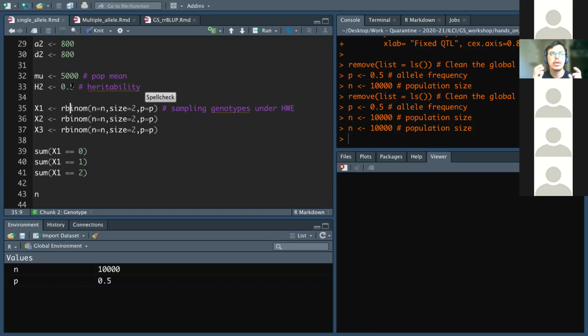So the heritability that I just set here is going to control all the genetic components in the phenotype. That is a good question, because when we do the simulations, we are going to use that heritability to produce the environmental error, so everything that is not going to be genetics.